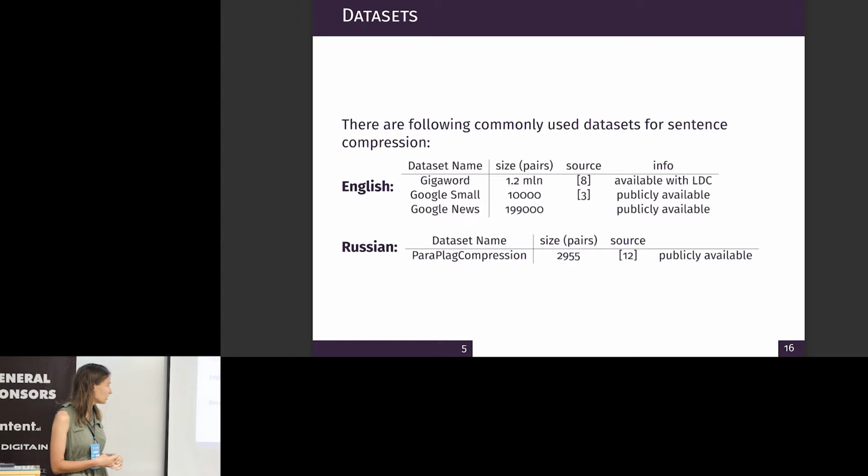And for Russian, there is one compression dataset which I created and made public, and I will talk a little bit more about it in order to give you an idea of how you can approach creation of sentence compression data for any language which doesn't have a ready sentence compression dataset. For example, Armenian, I think, probably doesn't.